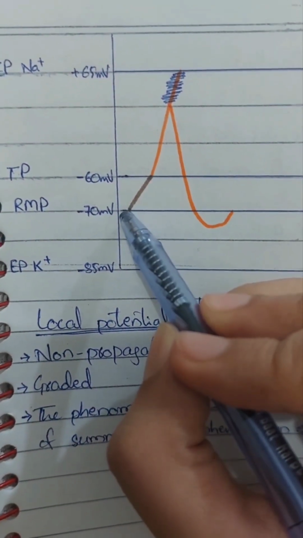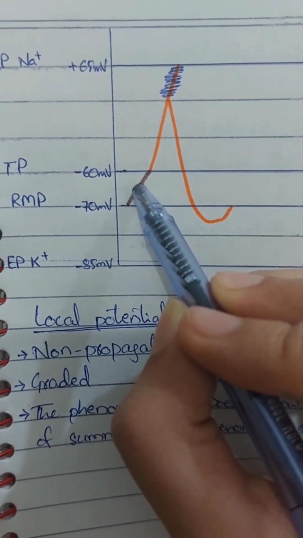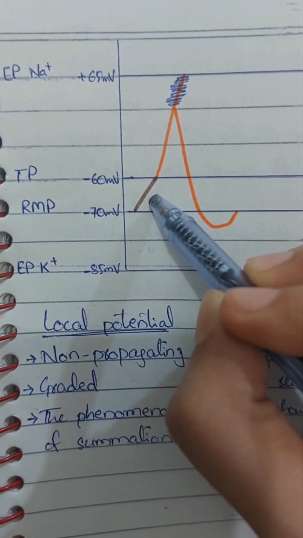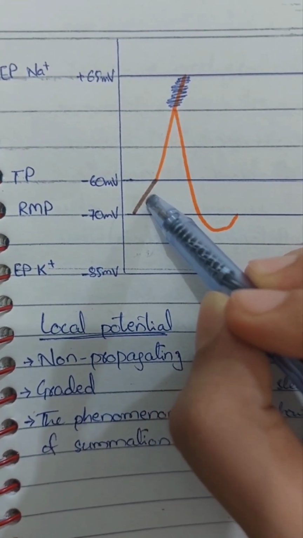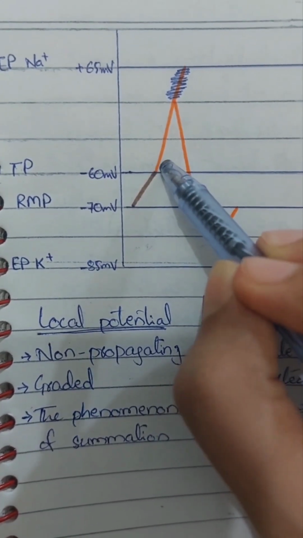If there is a local potential of this much, and before it dies out there is another stimulus, then the local potentials add up and can reach the threshold potential.